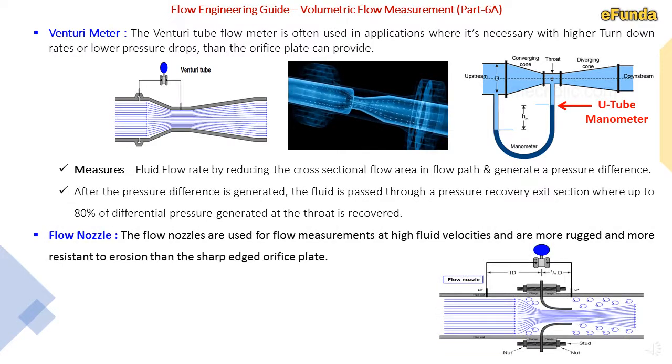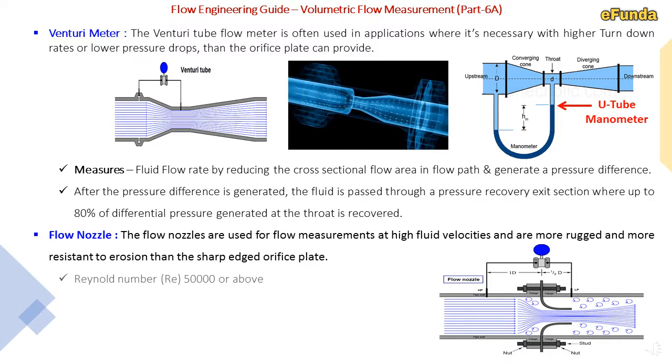The flow nozzles are used for flow measurement at a high fluid velocity and are more rugged and more resistant to erosion than the sharp edge orifice plate. One can see in a figure where two tappings are provided. Upstream tapping is at 1 pipe D and downstream at half pipe D, where the meters are installed.